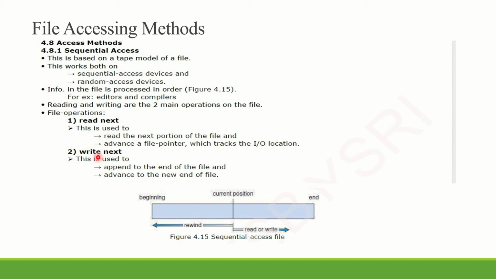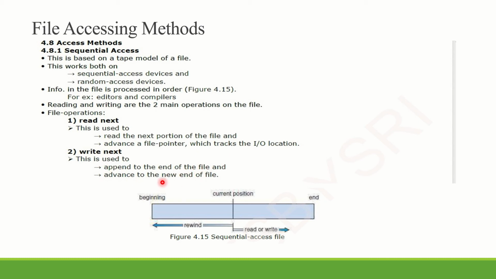Next operation is write next. This is used to append. Appending means writing to a file that already has some content. When you have to write something in that file, the system uses the file operation write next, that is, appending to the end of the file.